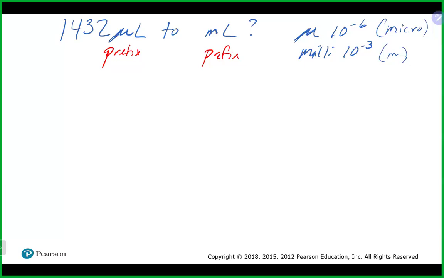So what we want to think about is why don't we just do two conversions? The base unit that ties both of these units together is what unit? Liters, right? We got microliters and we got milliliters. So the base unit that ties both of these together is liters.